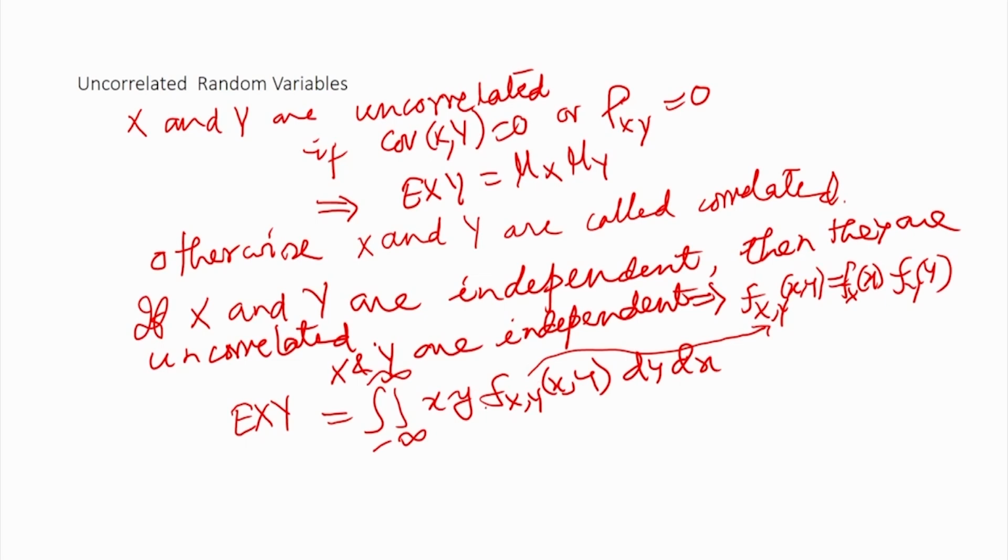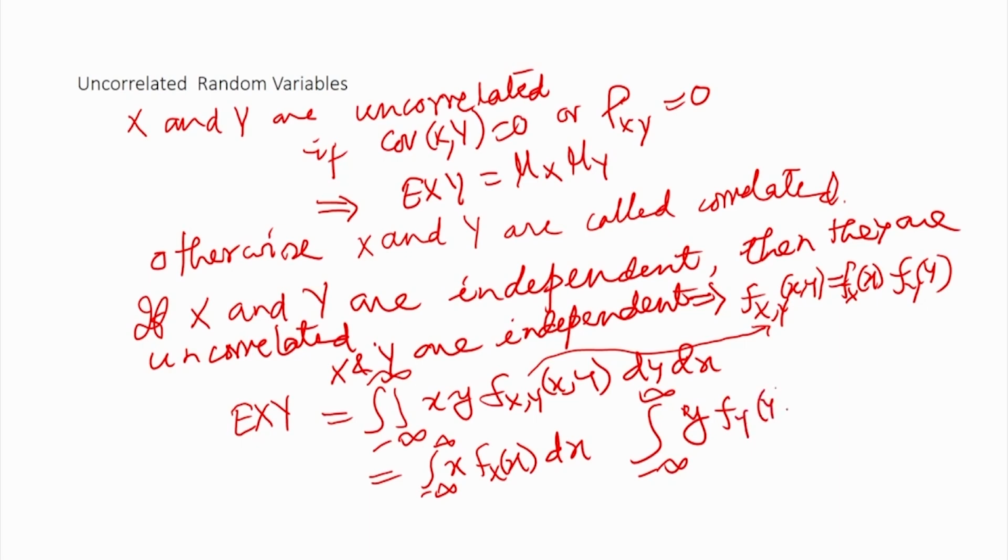So, we can write this integral as the product of two integrals, that is integration from minus infinity to infinity of x into f x of x dx into integration from minus infinity to infinity of y into f y of y dy.